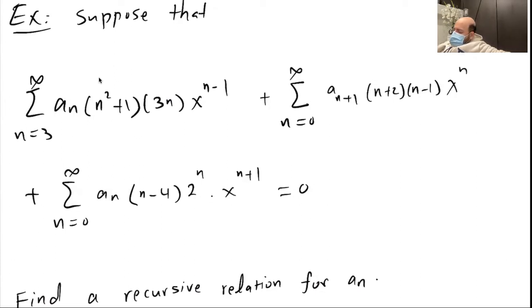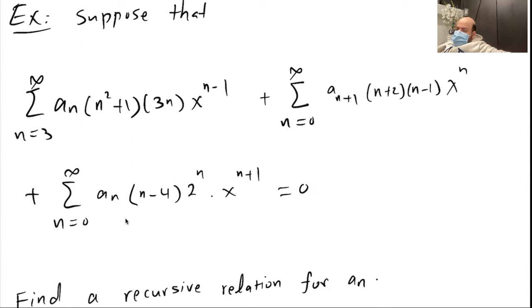For the first sum here, because it's n minus 1 and n starts from 3, the first term will be x to the power 3 minus 1, which is 2.